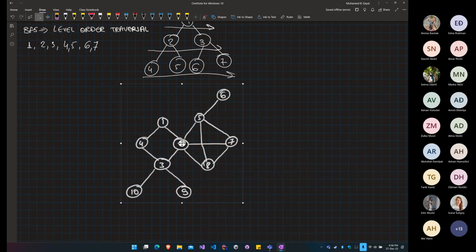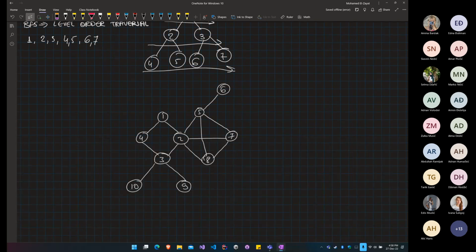So, given something like this, with BFS we usually use a queue. Let's say you have a starting point, starting vertex equals 1, which is this one.